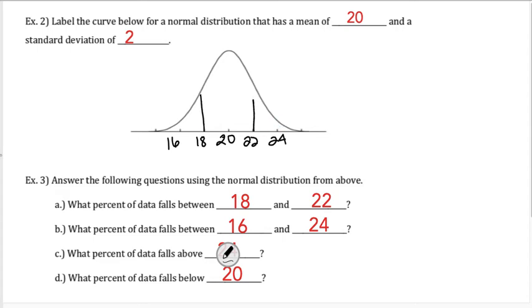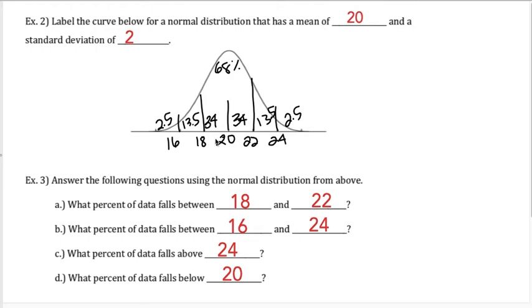So within each standard deviation away, remember that this is 68%, and so we could divide this up into our 34 and 34, and then all the way from 16 to 24 is 95%. So remember that this is 13.5 and 13.5. And then we have 2.5% on each tail. And so now we can answer these questions.